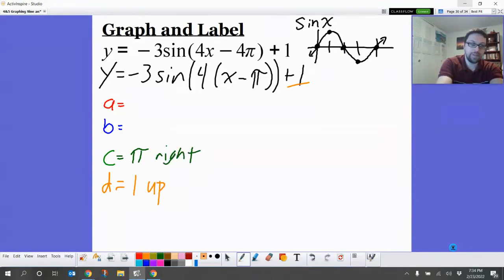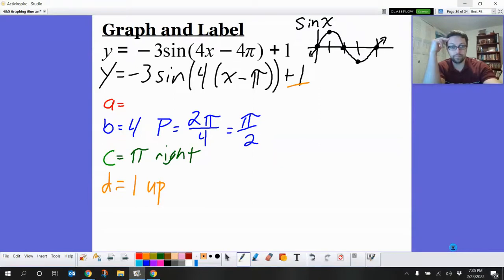Our B is 4, making our period 2 pi over our B value, which is pi over 2. Then our amplitude is -3.